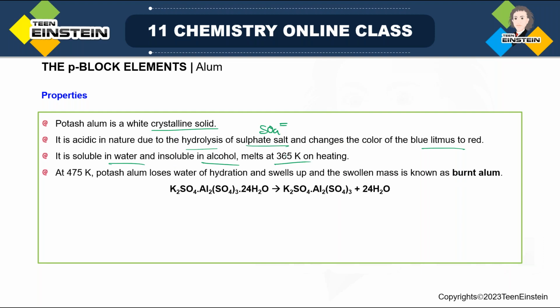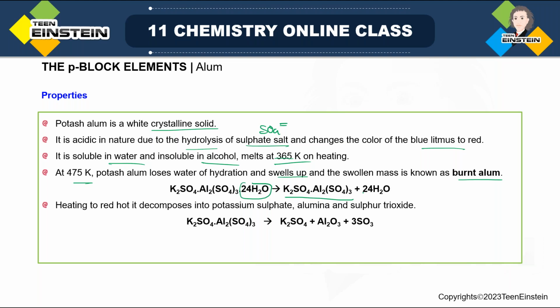The melting temperature is 365, but if you bring it to 475 Kelvin, potash alum loses its water of hydration. See, all the 24 water molecules are removed, and there is some swelling up. That is, the substance is swelling up, and the resulting mass is called burnt alum. So burnt alum is this part.